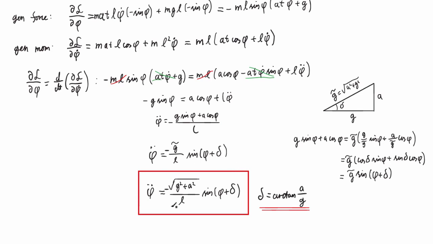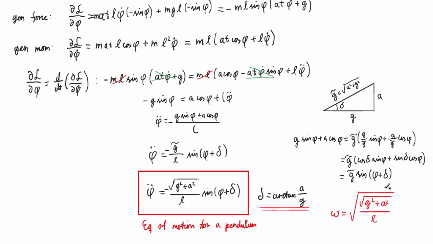Now this looks just like the equation of motion for a regular pendulum, okay, with a couple of differences. One difference is, of course, that the amplitude here, or the frequency that we're going to get for small deviations from the equilibrium, omega, has this form, right?